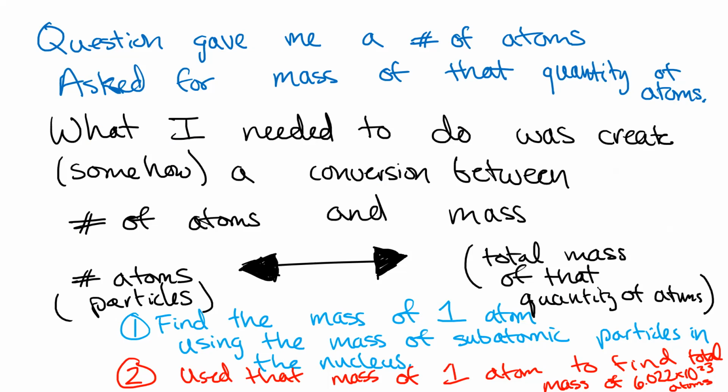And what it turns out is that if you have 6.022 times 10 to the 23rd atoms of any element, that will have exactly the mass of that element. The grams will be equal to the number of AMU found in the nucleus. And that's a big deal.